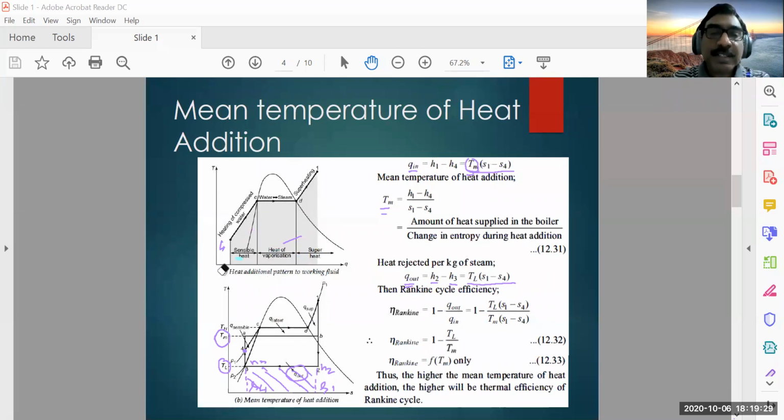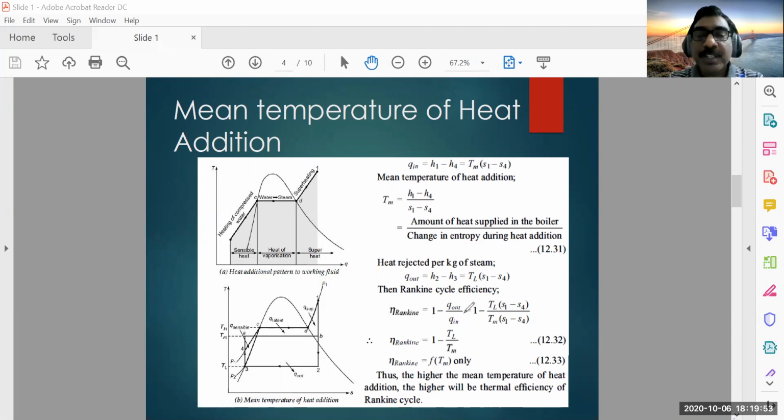Let us just wipe out all these things. Now, the efficiency of the Rankine cycle is given by 1 minus Q out by Q in. Q out has an expression, and Q in also has an expression.